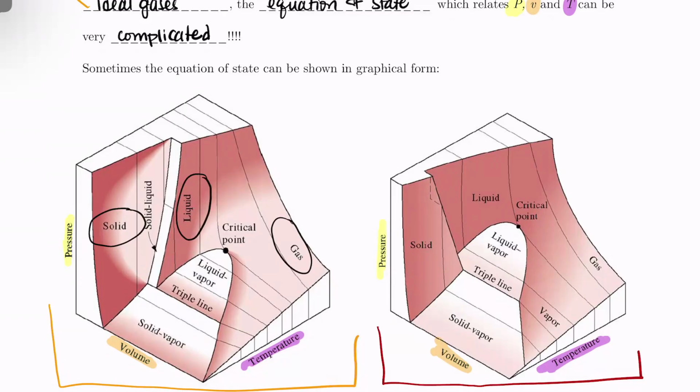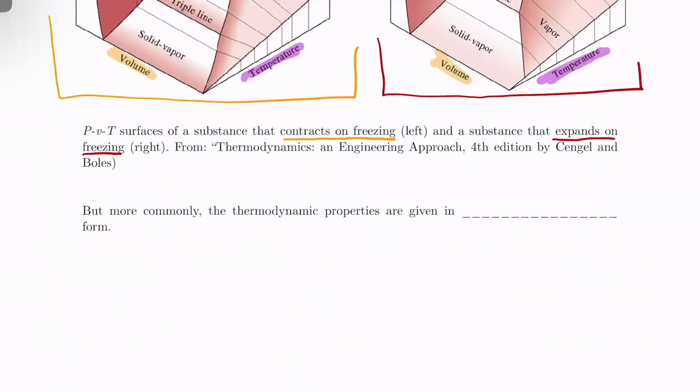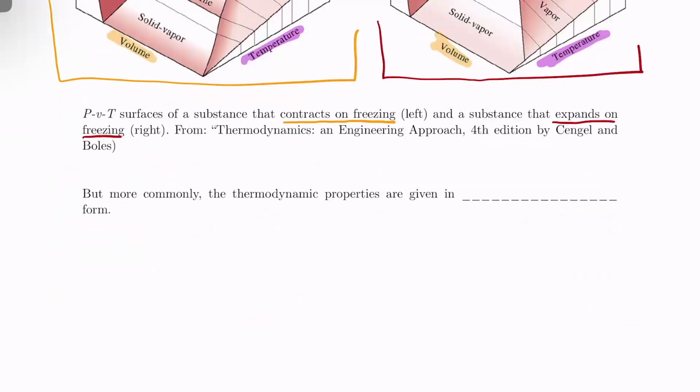And there are a few sharp points in here where we have critical points that exist. But this is kind of hard to deal with, right? So if you wanted to look up a property based on pressure or volume or temperature, using a chart like this is going to be very difficult to figure out what the value would be, obviously. So instead, it's more common to have thermodynamic properties given in tabular form.